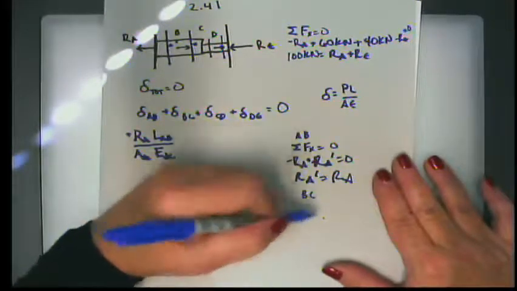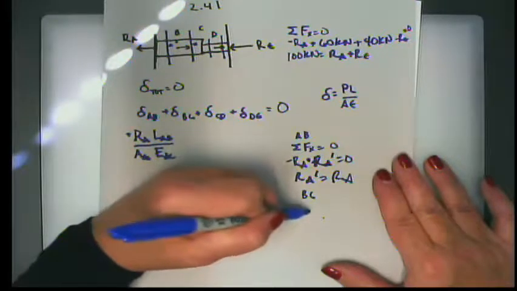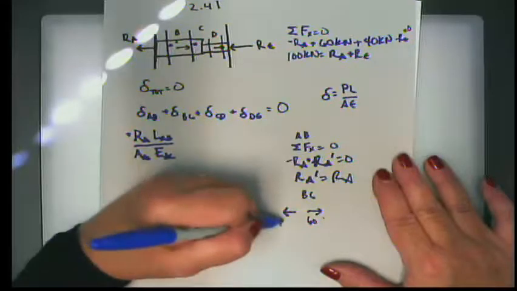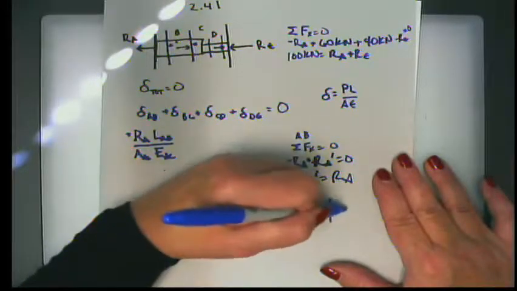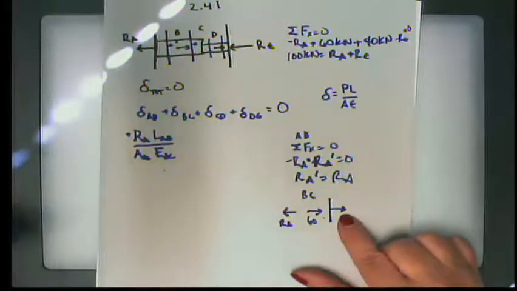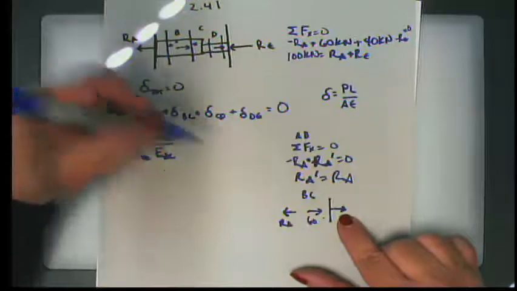In BC, I have R sub A, and I have this 60 kilonewton force. And then I have some reactive force, which I'm going to call positive. I really don't know if this is positive or negative, but we're going to find out.